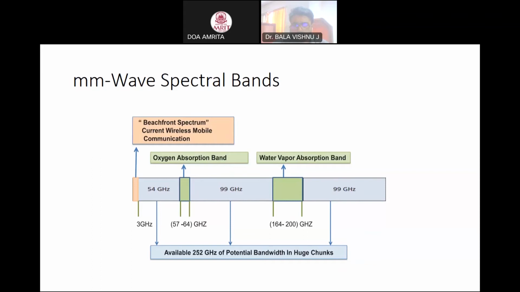So for that, we choose the millimeter wave bands, in which we have spectrum frequency band 1 and frequency band 2. The first is sub-gigahertz, less than 6 gigahertz, whereas the next band operates around 57 to 64 gigahertz, which has a high oxygen absorption rate.